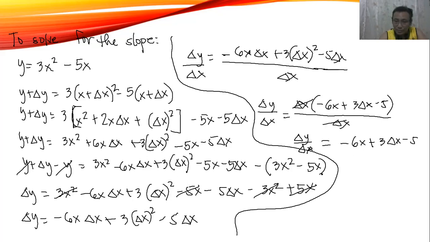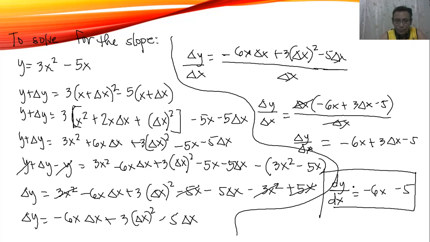So let's take the limits. We have dy over dx is equal to 6x minus 5. It's positive, why did it become negative?